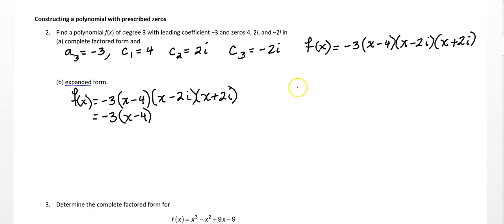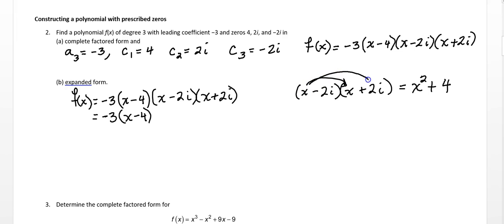So I'm going to go to the side over here and multiply these two together. Now these are complex conjugates of each other. If you remember, the middle terms cancel. So this is just going to give us x squared plus 4. If you want to check that algebraically, you can, but you're just basically distributing, and the middle terms will cancel. Therefore, you just have x squared plus 4.